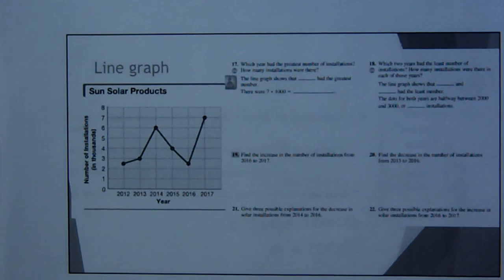We can also talk about line graphs that are often used to show a trend. This shows UN census figures, and it was dealing with solar products by year. And so the first question that we have is, which year had the greatest number of installations and how many were there?